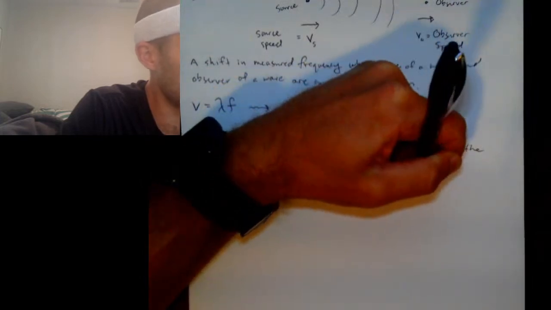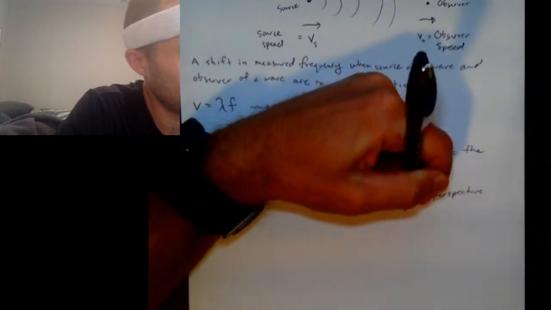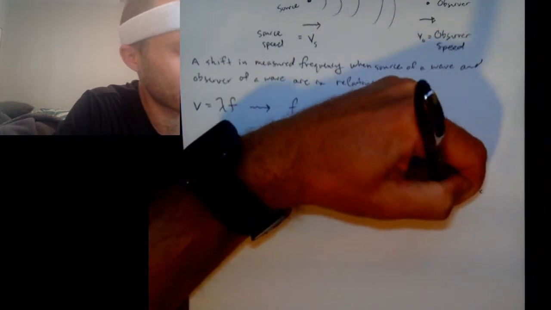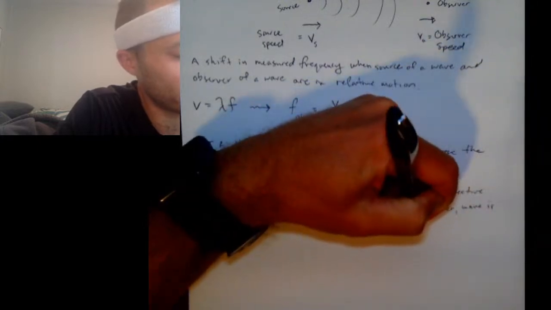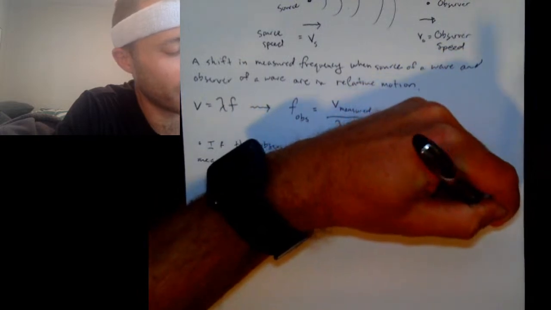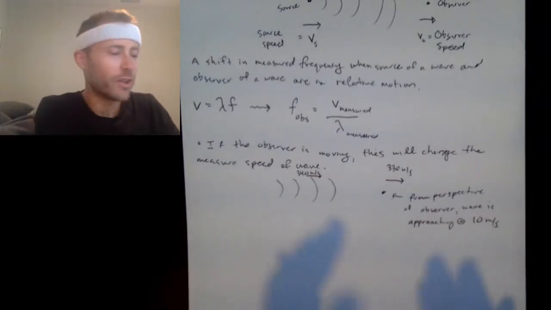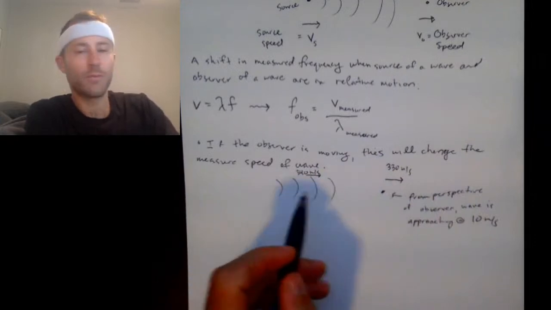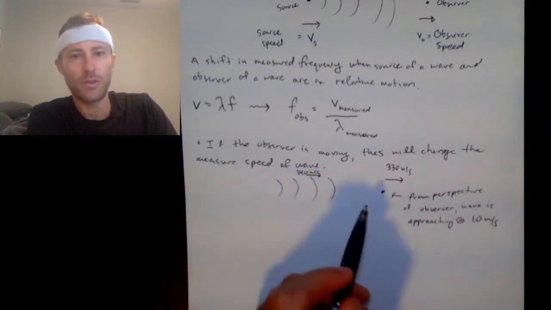So from the perspective of the observer, the wave is traveling, or I should say approaching, at only 10 meters per second in this case. Because as 1 second passes, the observer moves forward 330 meters, the wave moves forward 340 meters, so it got 10 meters closer in that 1 second.